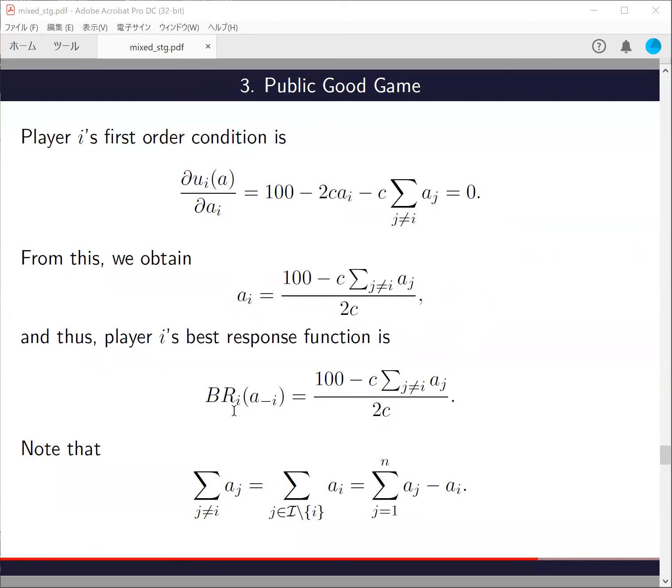We now call best response correspondence as the best response function because the best response of player i is a singleton. The summation sign j not equal to i here means sum of all contribution amount, excluding player i's contribution.